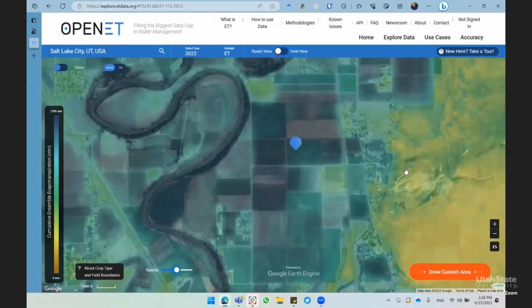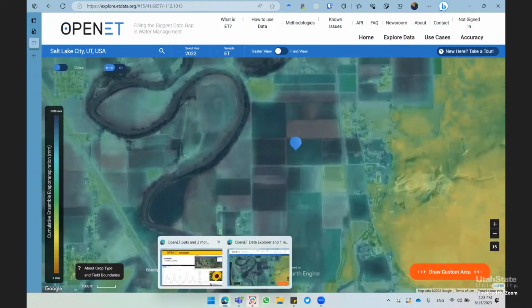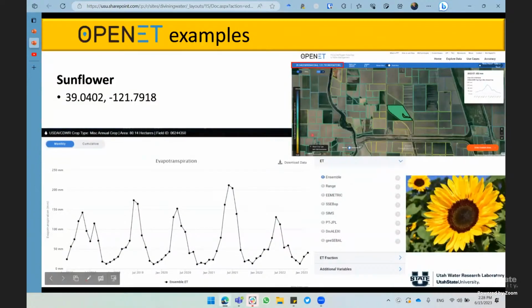Okay, next we have Moises Duran, who is going to give us an explanation on the ET models that our research group is using, the two-source energy balance model.